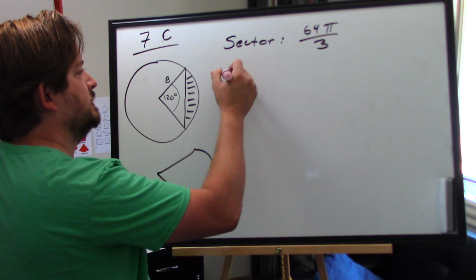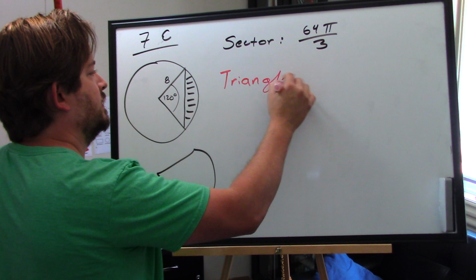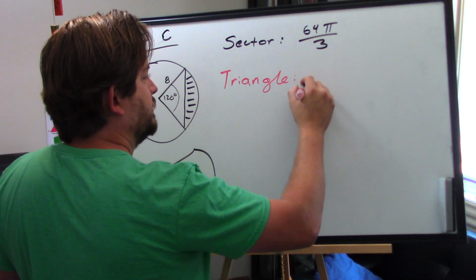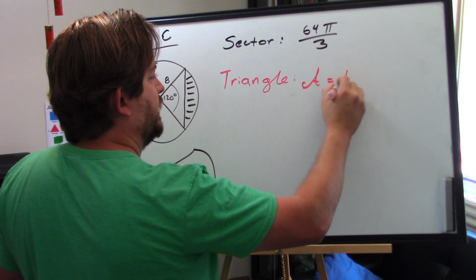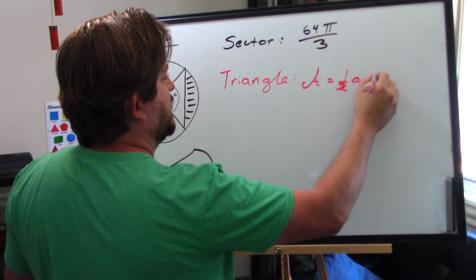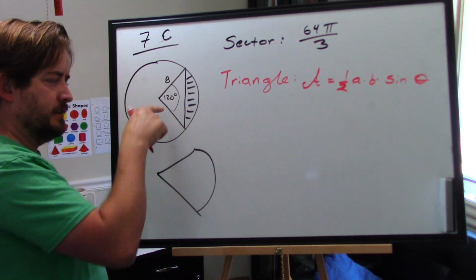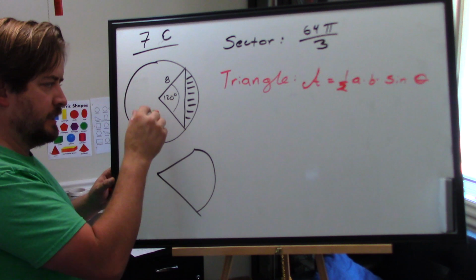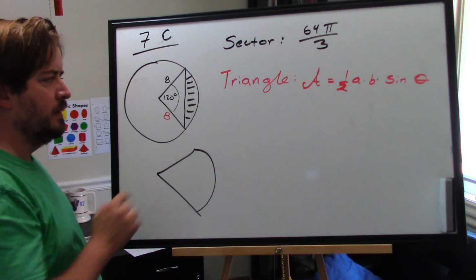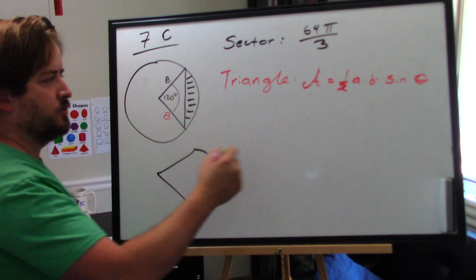So the triangle has area of 1/2 times A times B times sine of the theta between the two. Because I know A, that's the radius of this circle, and therefore it's the side length on both ends of this triangle. And so it's 1/2 times 8 times 8 times sine of 120.